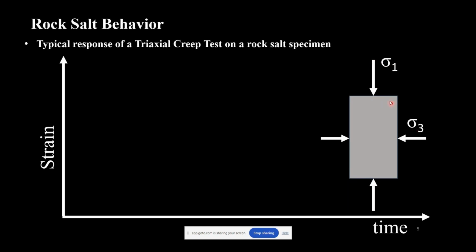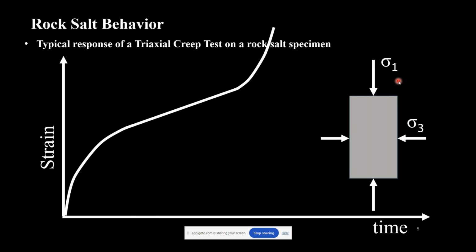The difference between sigma 1 and sigma 3 is the differential stress, right? Then, keeping the confining stress constant, we just measure the deformations over time. This test can take several months, and if the stress difference is small, it can take even years. But usually this test takes a couple of months or more.